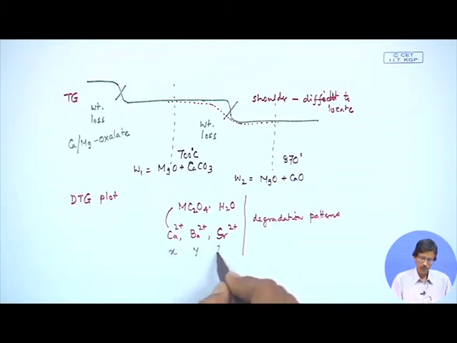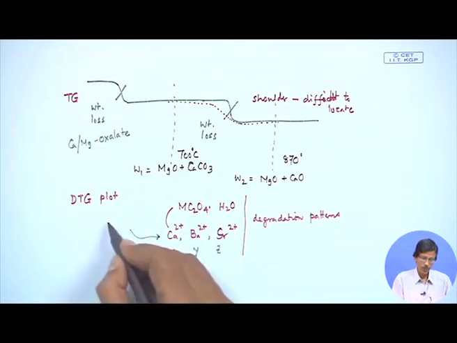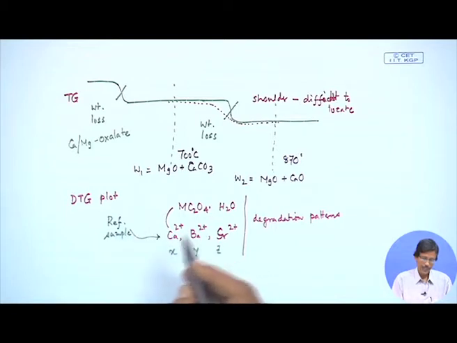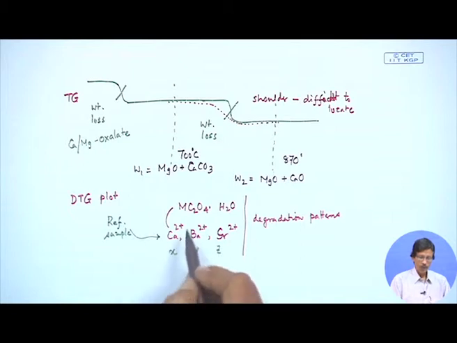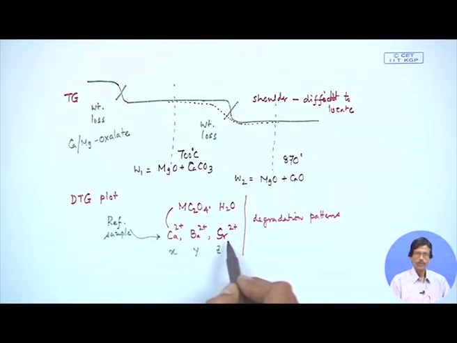And sometimes, if we do not know that this is an unknown quantity of X, unknown quantity of Y and unknown quantity of Z, we can add some pure sample of calcium oxalate, because that is a good reference sample we always use for the standardization of the TG, TG-DTA instrument. So, we run the thing where unknown calcium, barium and strontium are there.